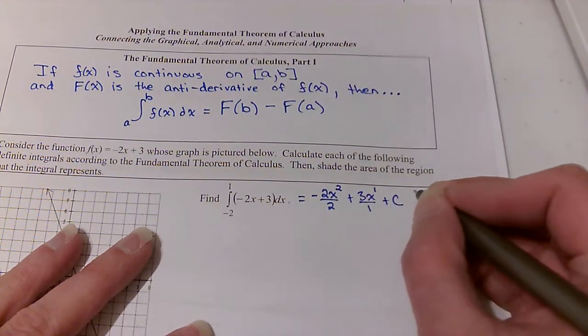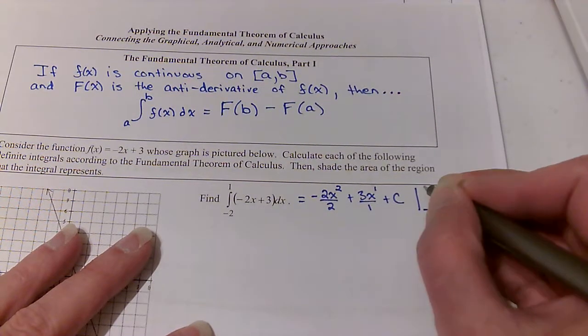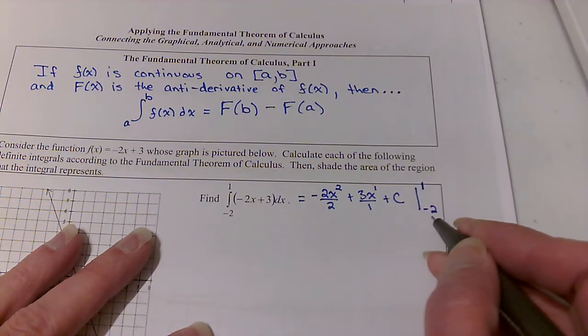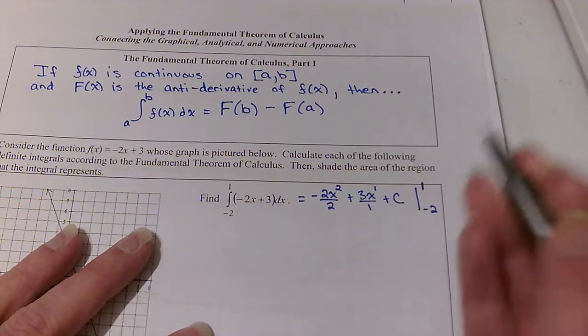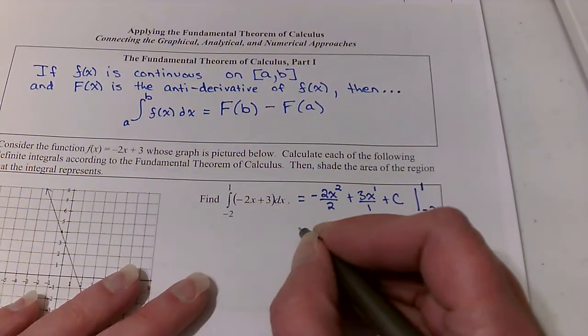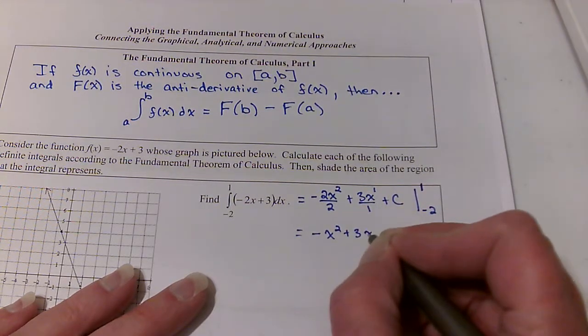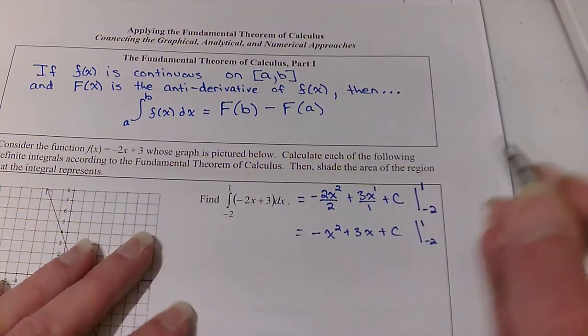And we're going to evaluate that between negative 2 and 1. What that means is we're going to plug in 1, minus what we get when we plug in negative 2. Let's simplify that a little bit. That'd be negative x squared plus 3x plus c from negative 2 to 1.